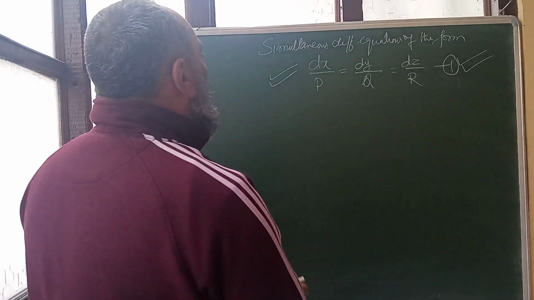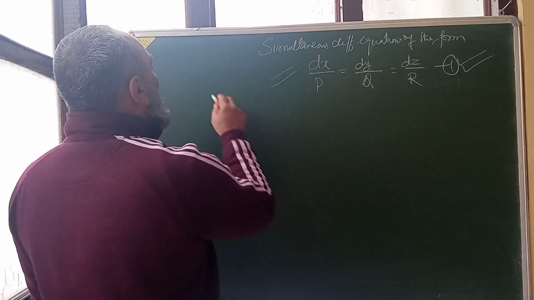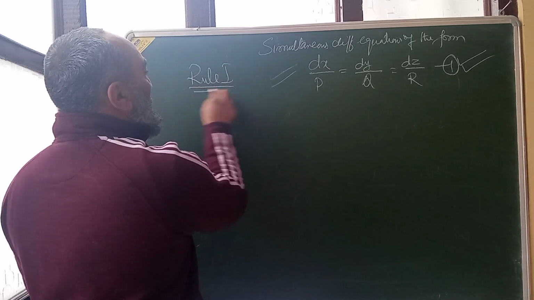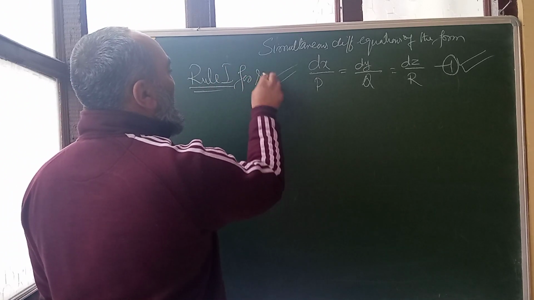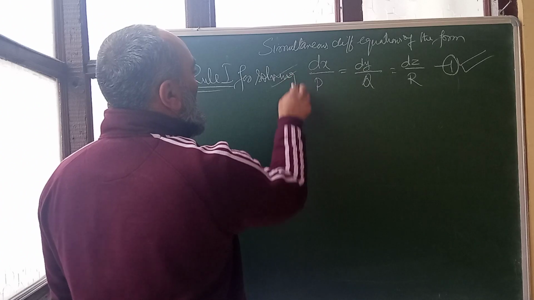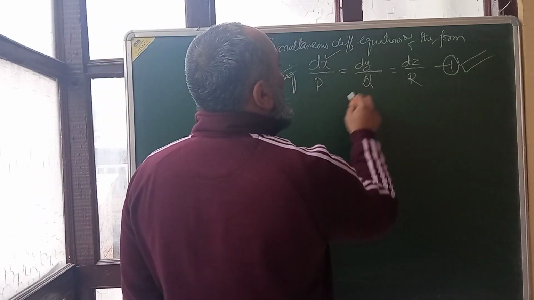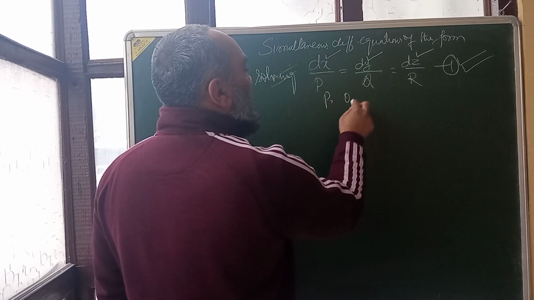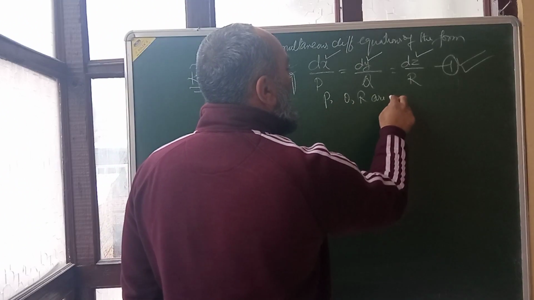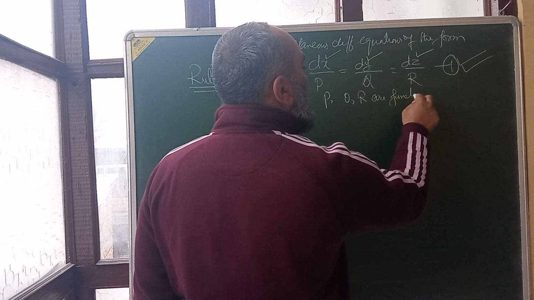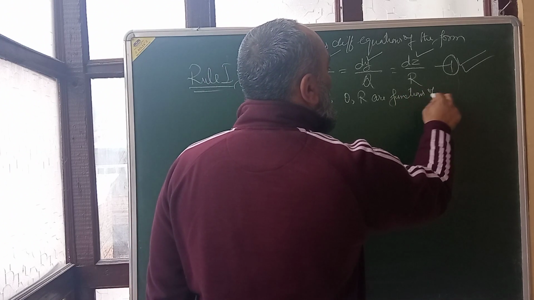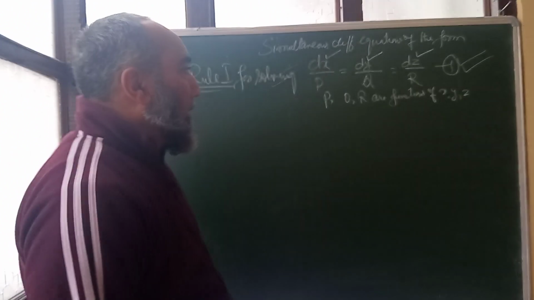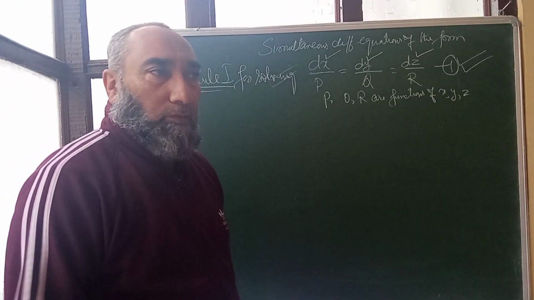Rule 1, for solving dx by p, dy by q, dz by r, where p, q, r are functions of x, y, z.